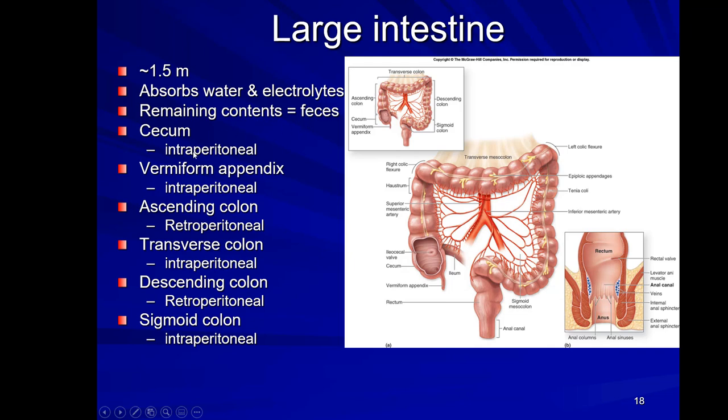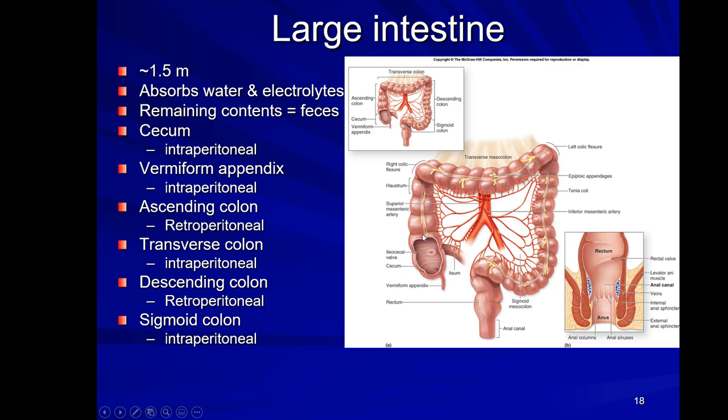In the parts of the large intestine, right when the ileum empties into the large intestine, you get this little pocket right here called the cecum, and that's the ileocecal valve right here. Hanging off, you've seen this before, you have the appendix. So there's the appendix, that lymphatic tissue. And then the large intestine is going to go up, across, down, a little curve, and then out.